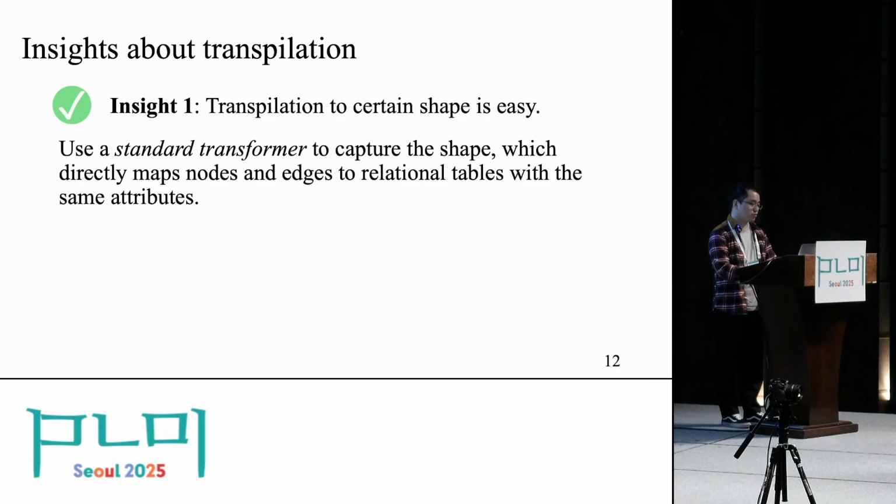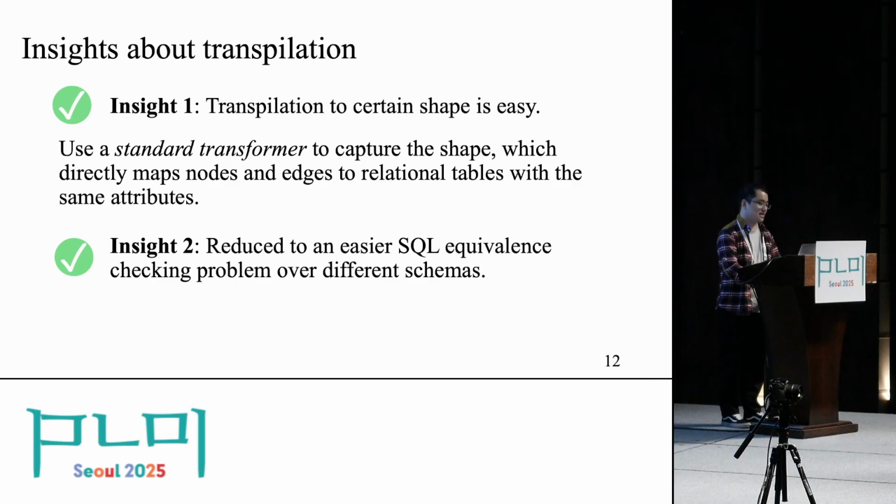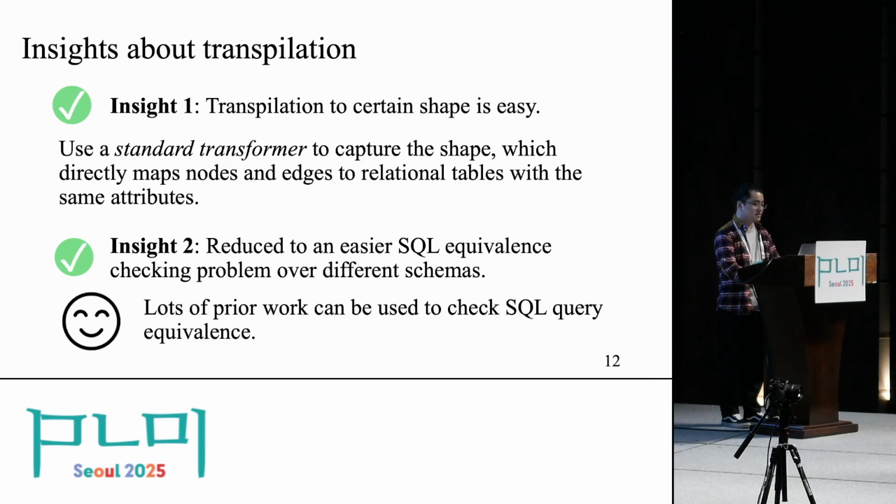Additionally, graph queries can be translated to relational queries over these new relational tables. The second insight is that transpilation reduces the original problem into an easier sequence checking problem over different schemas. This area has been well studied, and we have many tools that can check equivalence by verification or falsification.